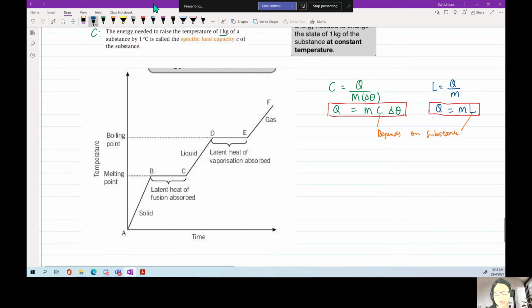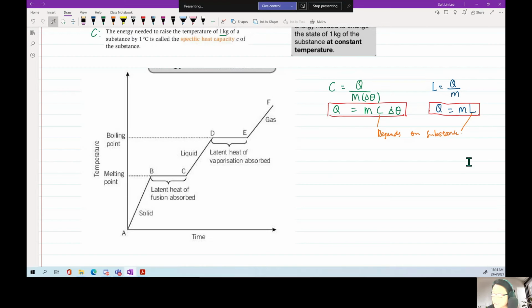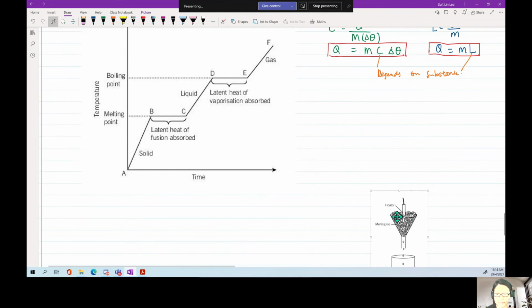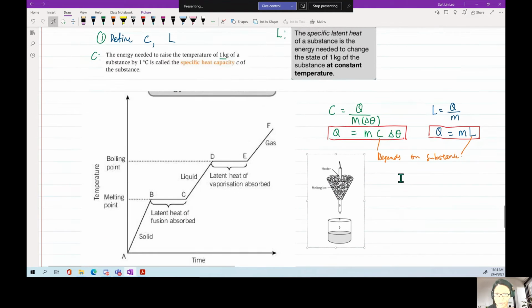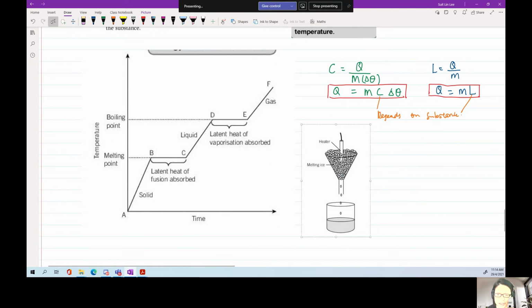Next thing, when we do the experiment, normally we put it in some immersion heater or some heating device. Let's say, for example, we put this inside a heater like this, if we want to melt ice. Would they ask this in paper 5? Not really.